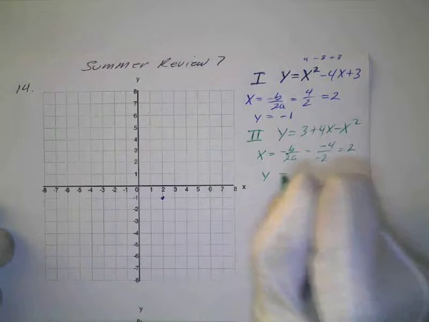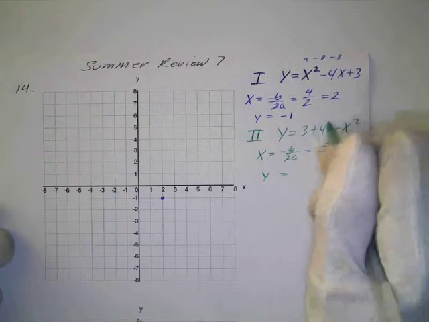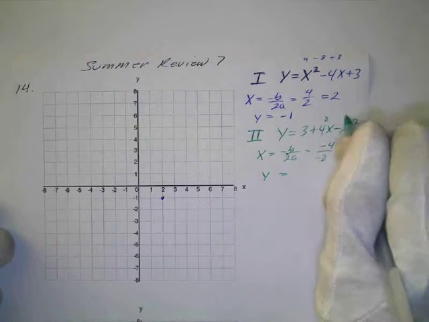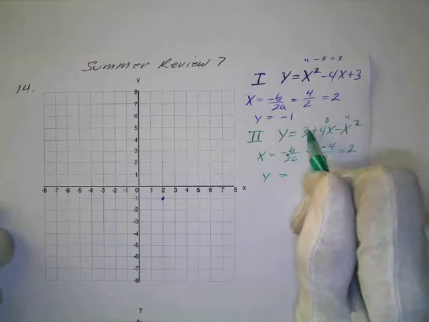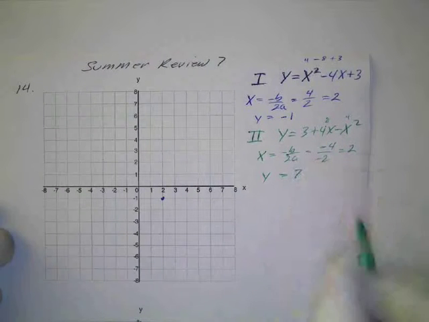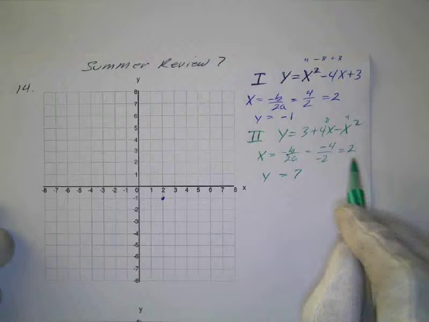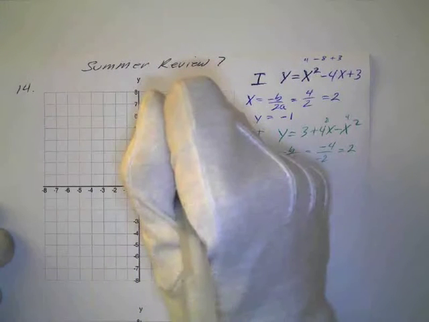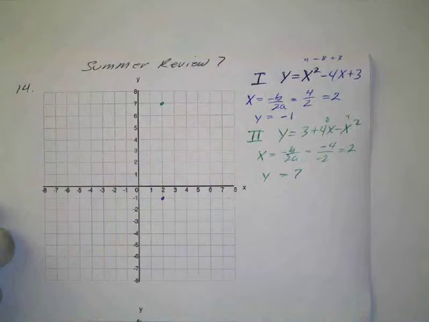So y would be, if I put 2 in here, that's 8, and that's going to be 4. So 3 plus 8 is 11, minus 4 is 7, so I get y equals 7. So it's going to be at 2, 7, so 2, and I'm going to go up here to 7. So that's the vertex of curve 2.